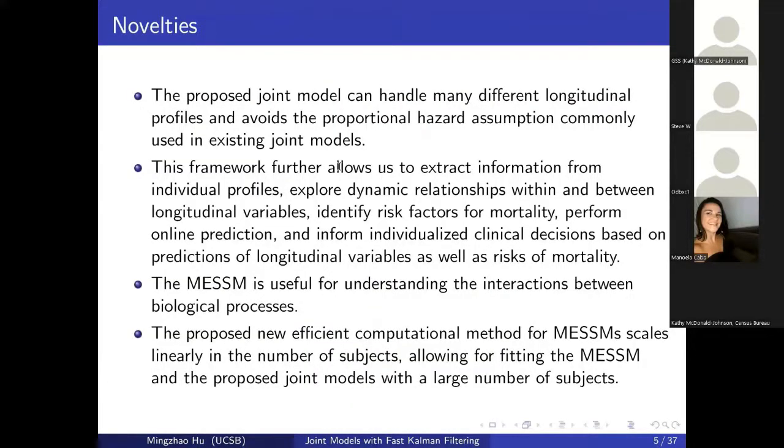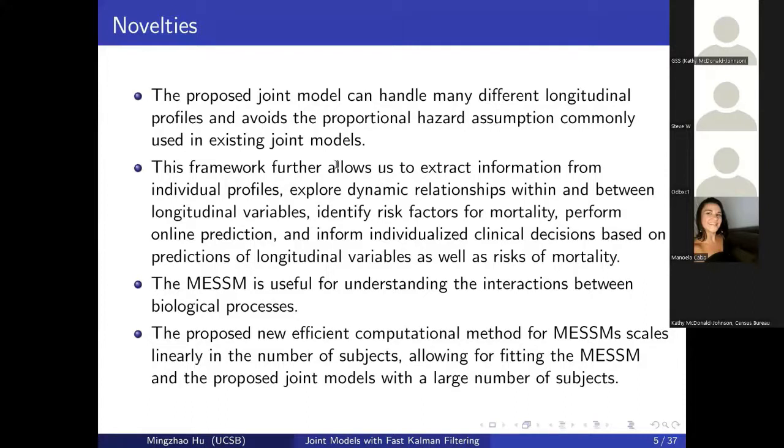Our proposed joint model can handle many different longitudinal profiles and avoids the proportional hazard assumption commonly used in existing joint models. Our framework further allows us to extract information from individual profiles and explore dynamic relationships within and between longitudinal variables, identify risk factors for mortality, and perform online prediction. Combining all of these functionalities, we may inform individualized clinical decisions for the medical experts based on predictions.